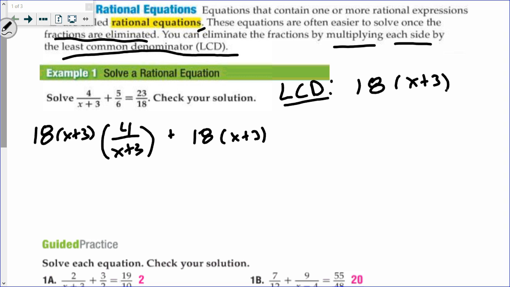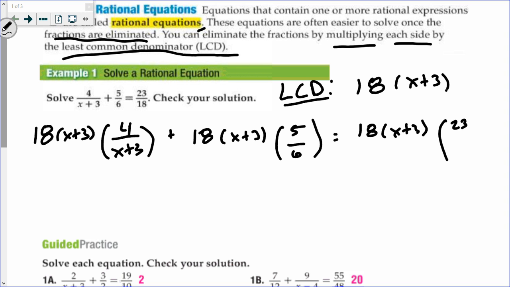Again, we're multiplying 5 over 6 by that. And lastly, we're going to multiply 23 over 18. So 18 times x plus 3 will be multiplied by 23 over 18. The reason we're doing this is canceling the denominators here.